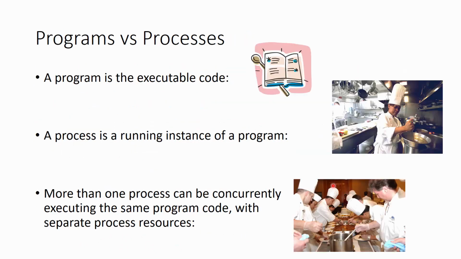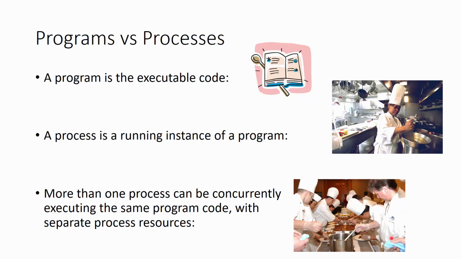So comparing programs to processes again, a program is the executable code, for example, like a recipe in a book. And a process is a running instance of that program, so you can envision a cook making the recipe. We can have more than one process concurrently executing the same program code, and each of them has separate process resources.